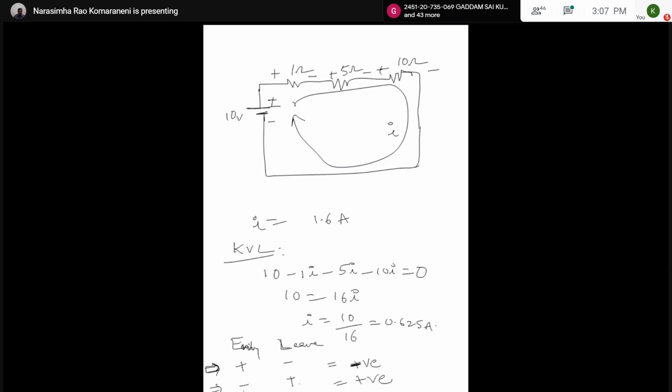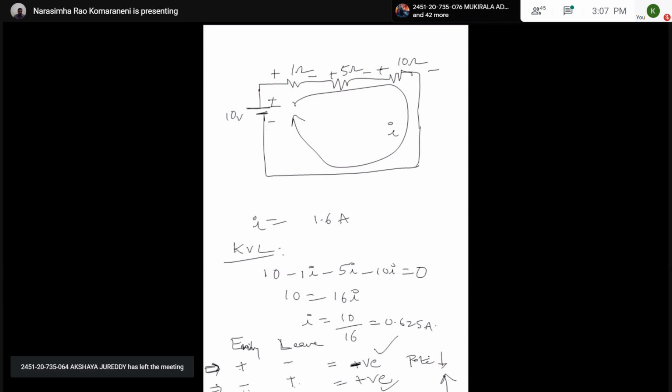Entering at positive and leaving at negative is called a potential decrement. Entering at negative and leaving at positive, we call it a potential increment. Means simply all potential increments you have to consider as positive, and decrements you have to consider as negative.